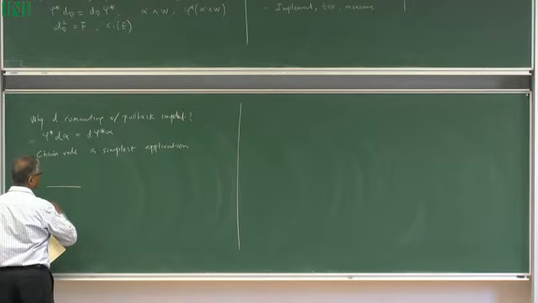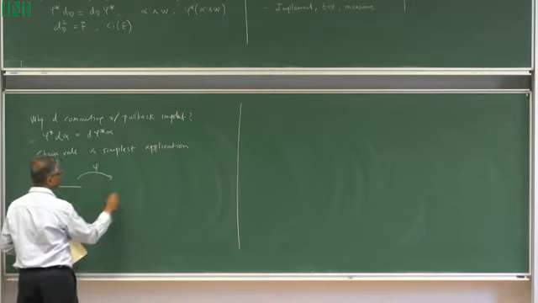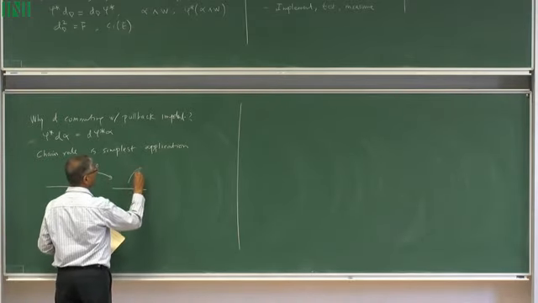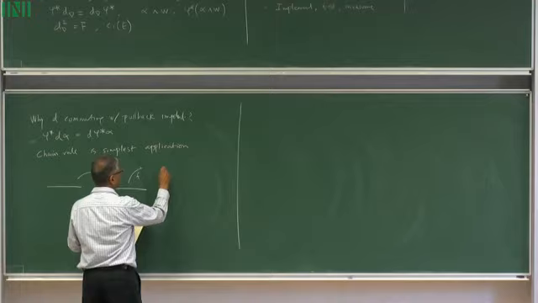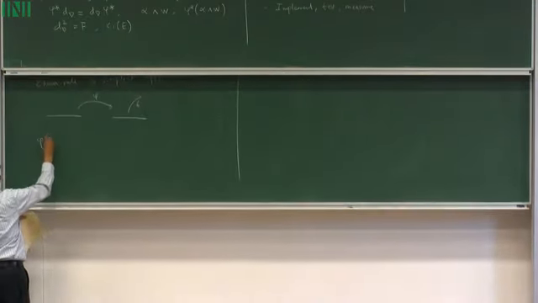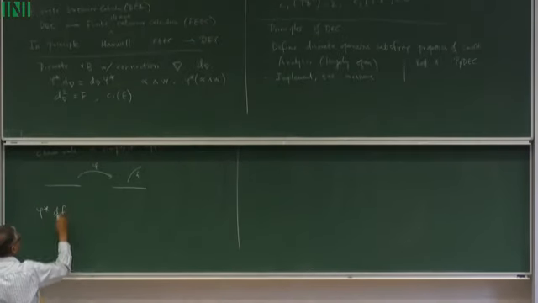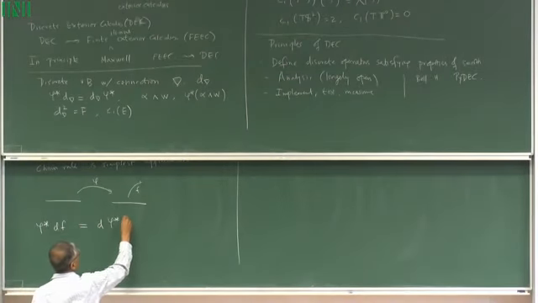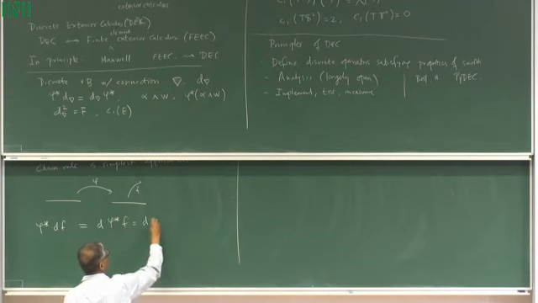You've got a map phi from, let's say, reals to reals, and you have a real valued function f. So let's do that calculation here. Pullback of df is supposed to be d of the pullback of f, which is d of f composed with phi.